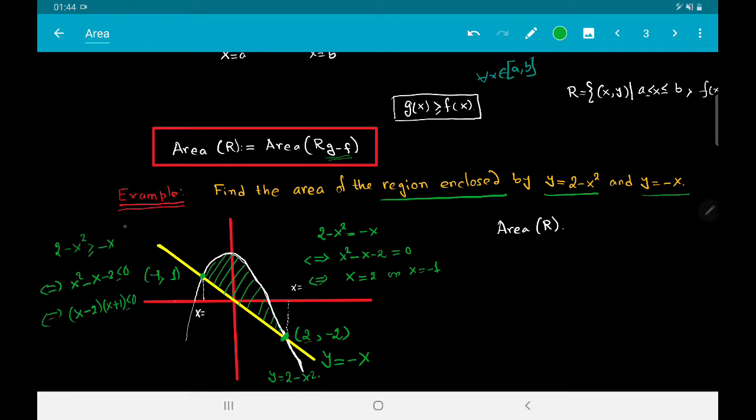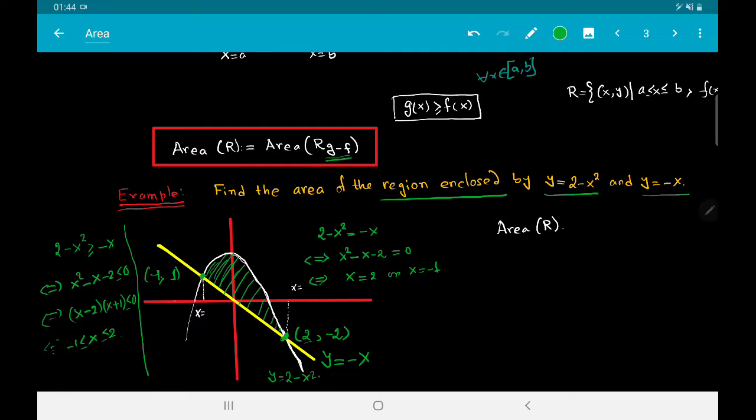If you analyze this carefully, I am sure that you have had opportunity to do such things in your calculus 1 course. You will see that this happens if and only if x lies between minus 1 and 2. So indeed we are in a good shape. We see that the parabola lies above the line.